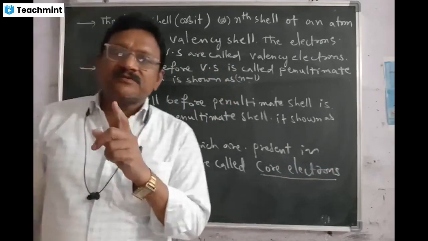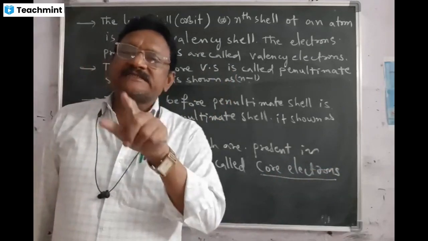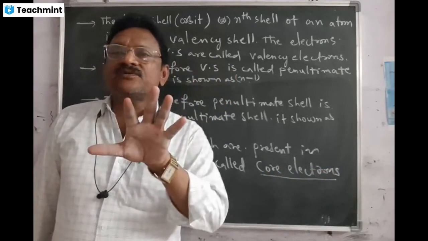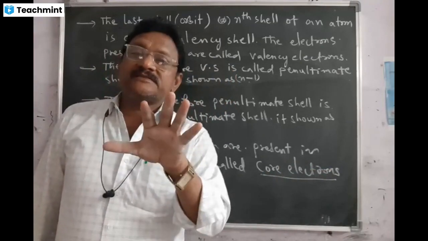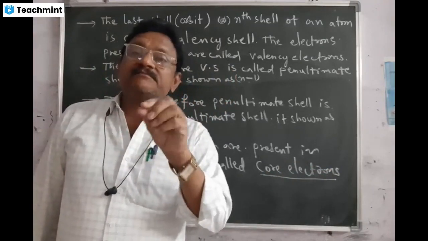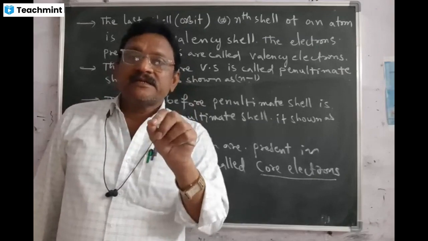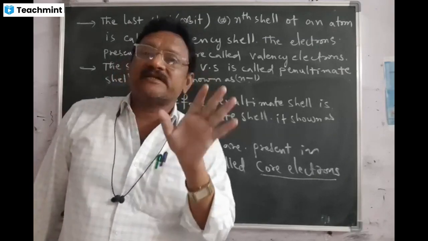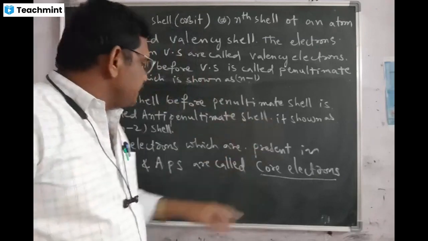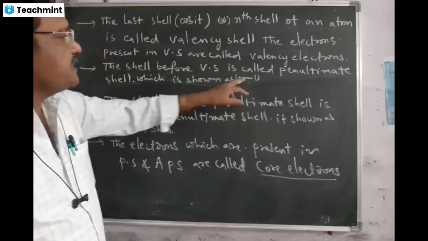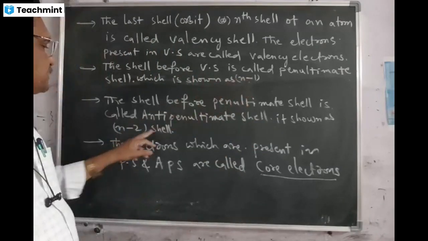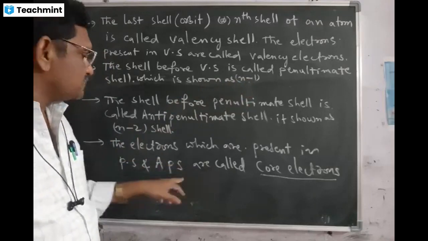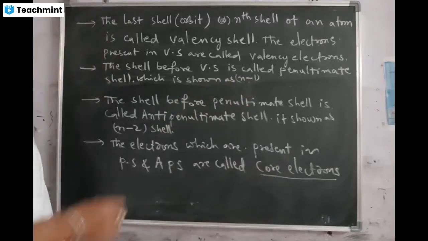So the thing you try to remember: electrons present in the valence cell are called valency electrons, and the electrons present in the penultimate cell and anti-penultimate cell are considered core electrons. That means n-1 cell and n-2 cell electrons, both are called core electrons.